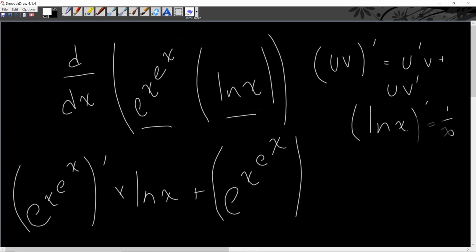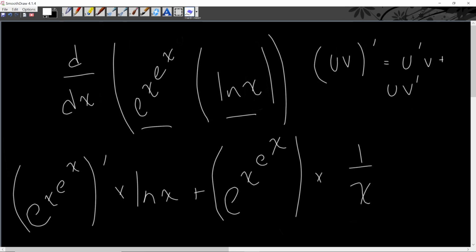I think I did a proof of that already in my derivatives video, but if I hadn't, I will do some proofs for other derivatives that I think are interesting. So we will have times 1 over x.